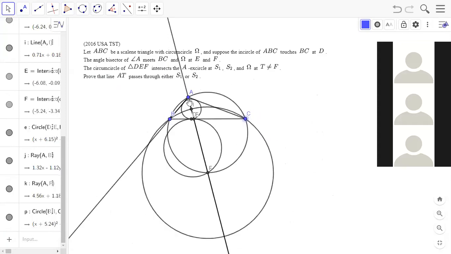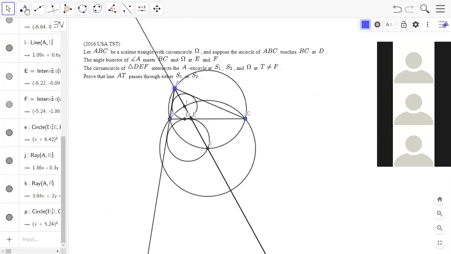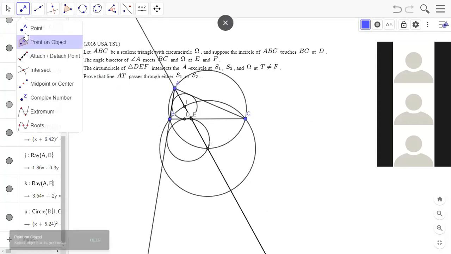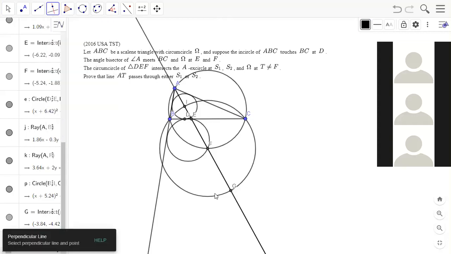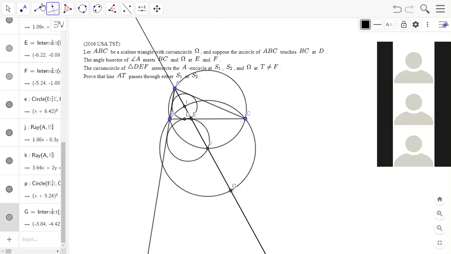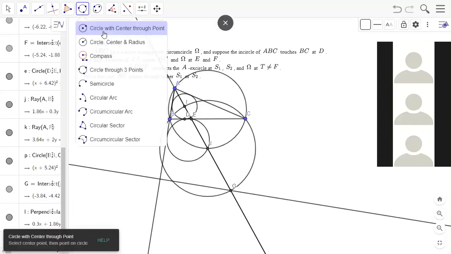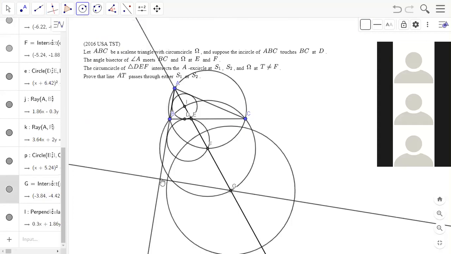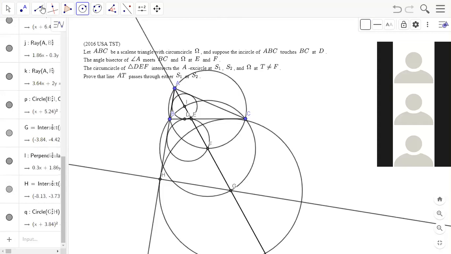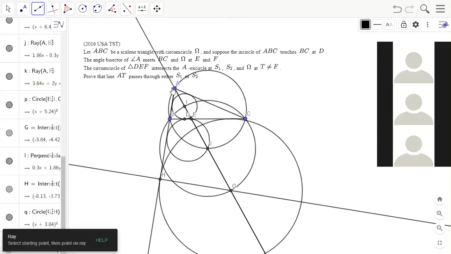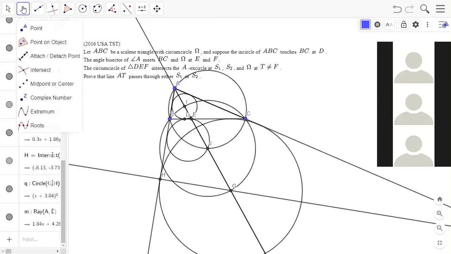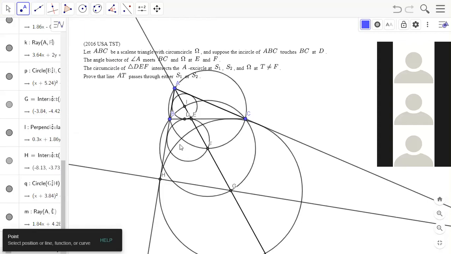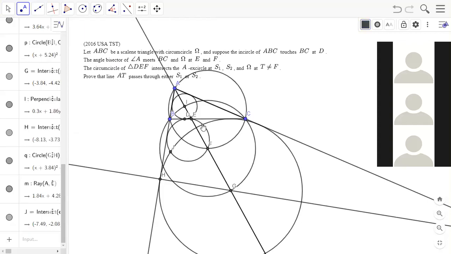So that would be the excenter right there. Okay, and here's the excenter. And the circumcircle of DEF intersects this X circle at S1 and S2.